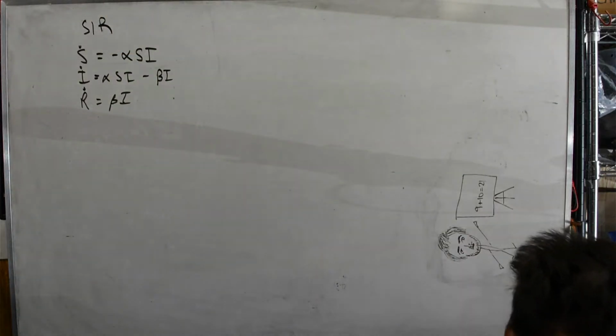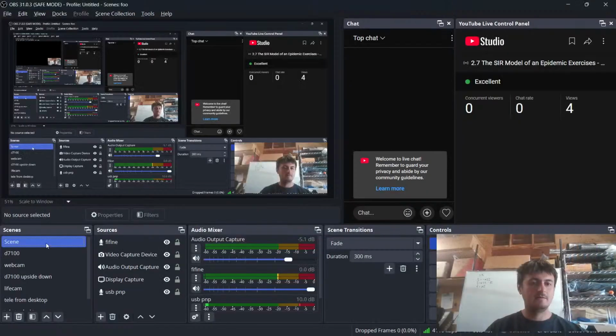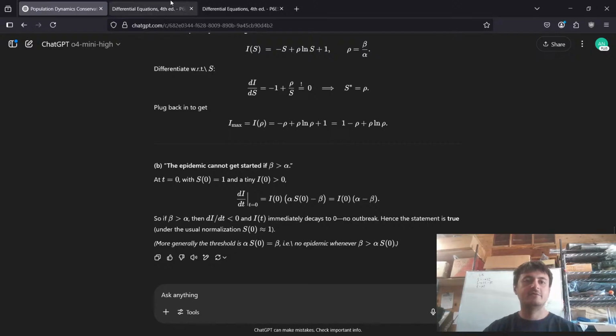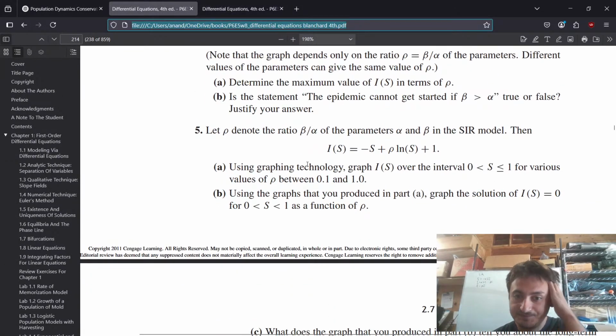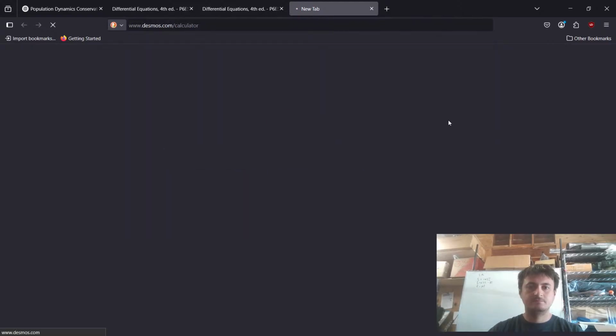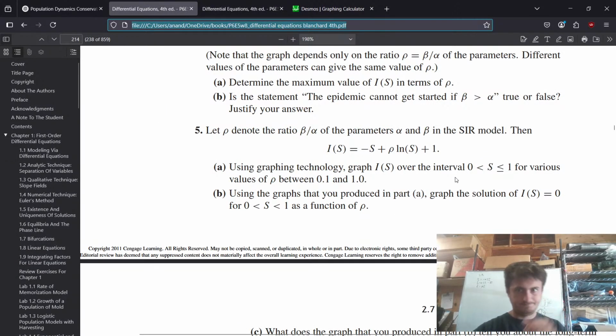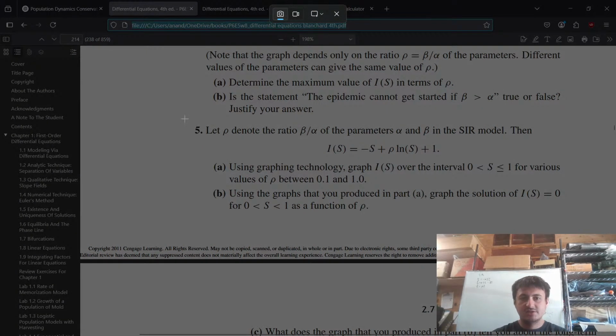All right. So problem 5. Graph I of S. Let's just ask this thing to use Python.